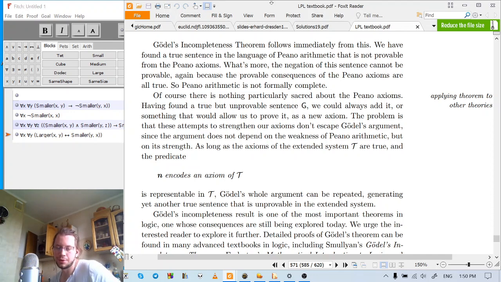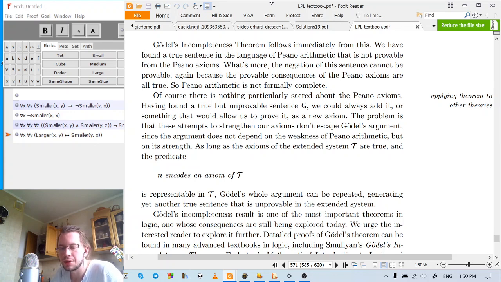We have found a true sentence in the language of P&R arithmetic that is not provable from the P&R axiomata.